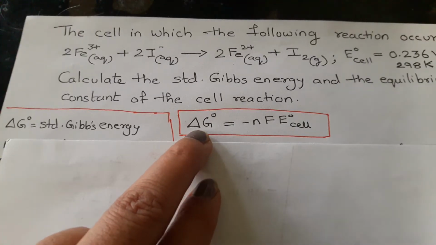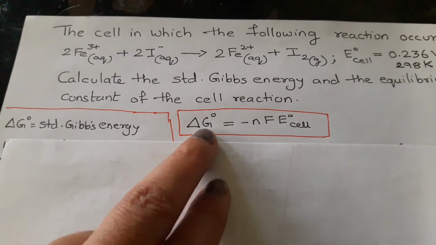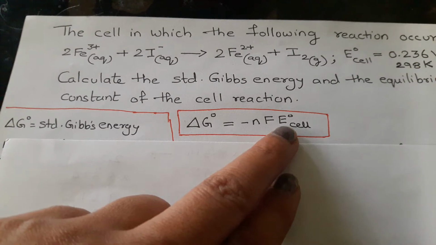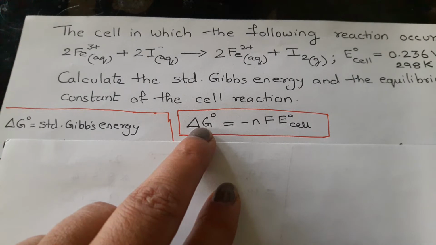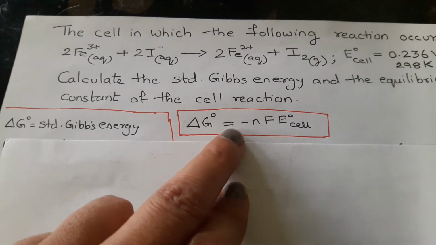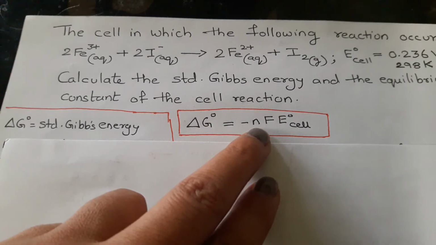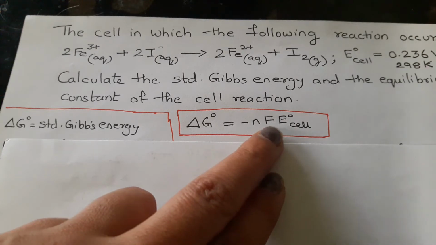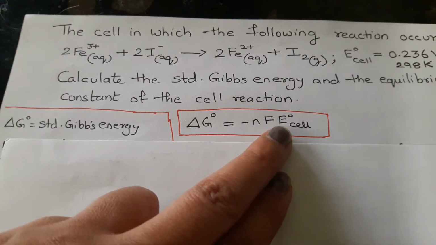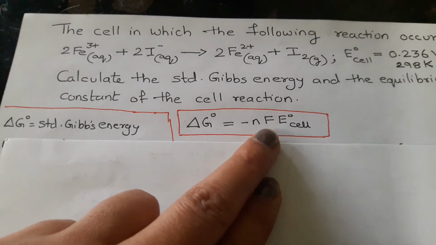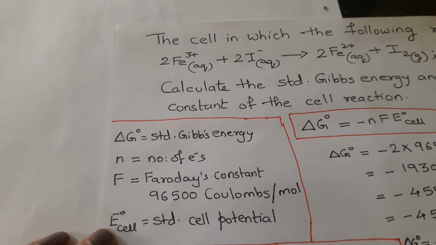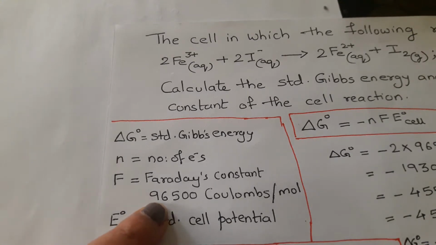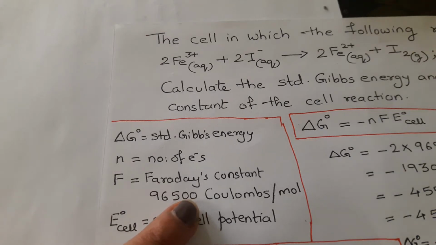The relation between standard Gibbs energy and the standard cell potential is given by this formula, that is delta G naught is equal to minus nFE naught cell, where n is the number of electrons, and F is, as we all know, Faraday's constant. The value of Faraday's constant, we take it as 96500 coulombs per mole.